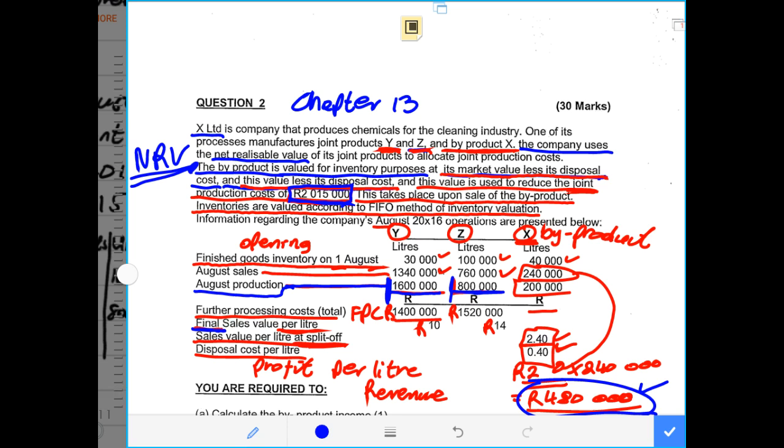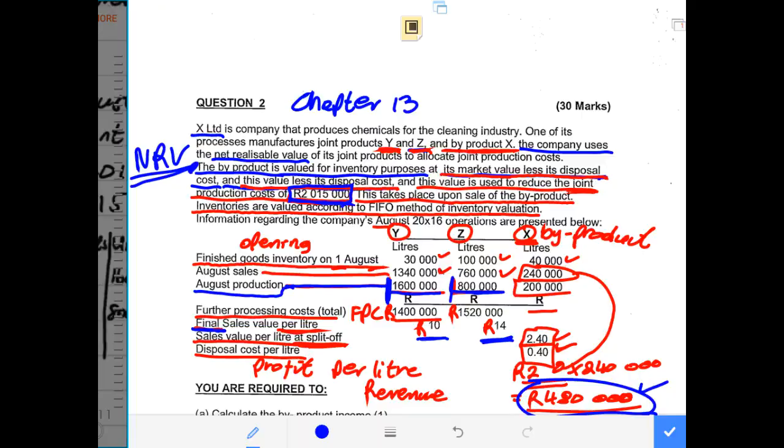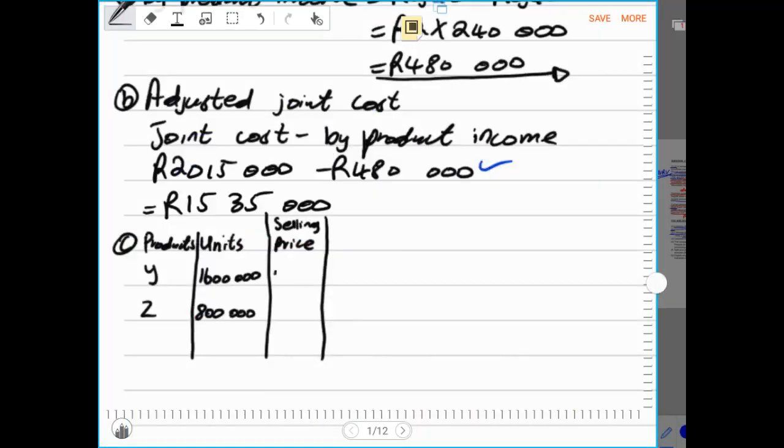That means the selling price after the product was further processed. So our final selling price was 10 Rand and 14 Rand respectively, and that was per liter. Therefore we say 10 Rand and 14 Rand, and these are per liter.